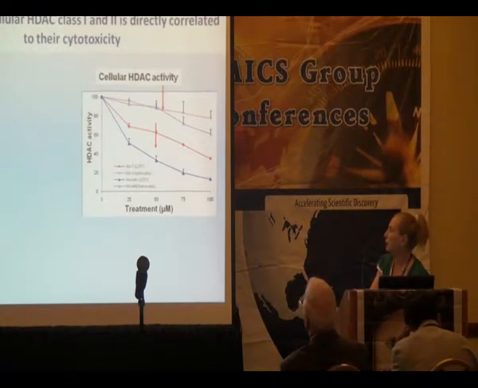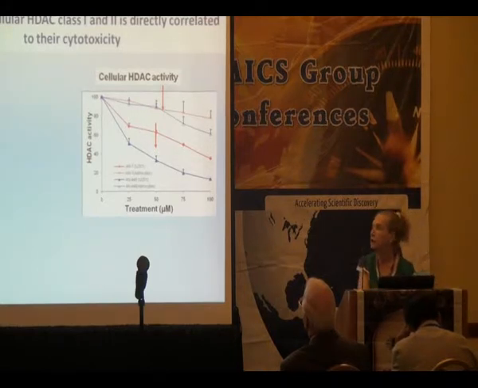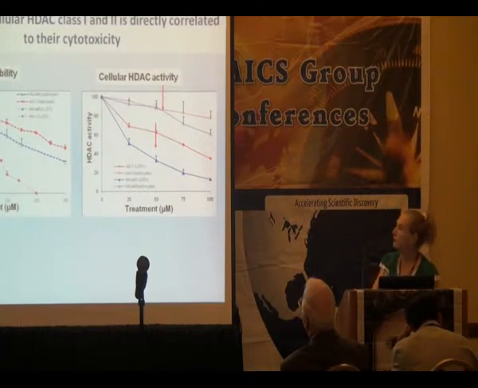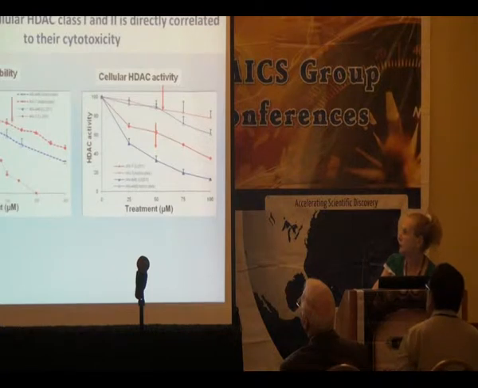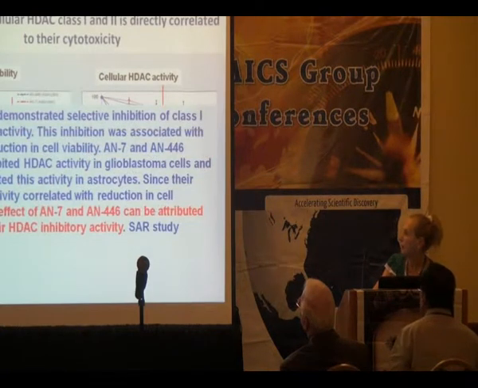The prodrugs are selective in their inhibitory activity on the cancer cells versus the normal cells, and that correlates with their effect on viability. The prodrugs affect the viability of the cancer cells significantly, to a greater extent than they affect the astrocytes, as you can see by the dashed line.